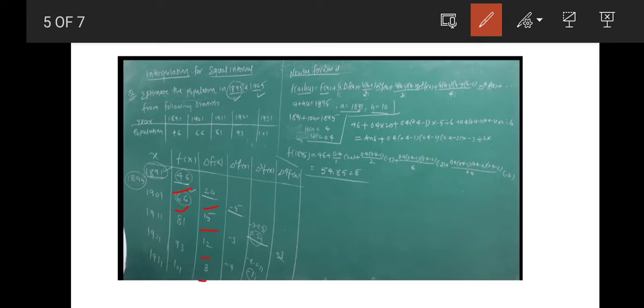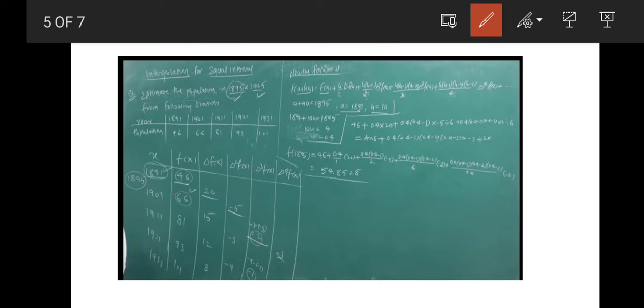Now we calculate delta square f(x) by again subtracting the upper value from lower value, like 15 minus 20 is minus 5, 12 minus 15 is minus 3, and 8 minus 12 is minus 4. Again we calculate delta cube f(x) by subtracting minus 3 minus minus 5, and minus 4 minus minus 3, so we will get this value. And again we calculate delta fourth f(x) by subtracting, so we will get this as our forward difference table.